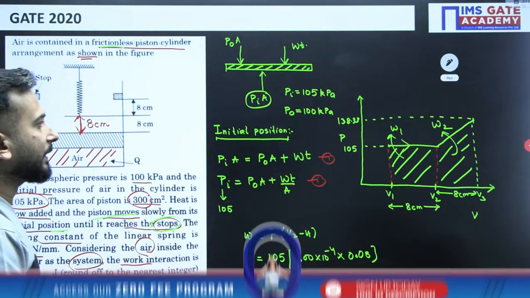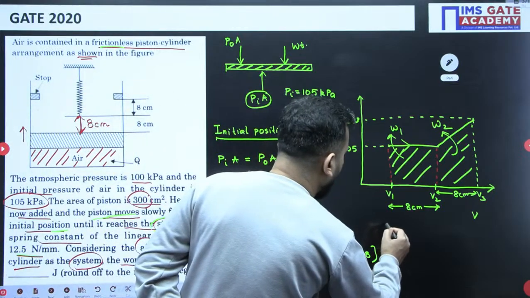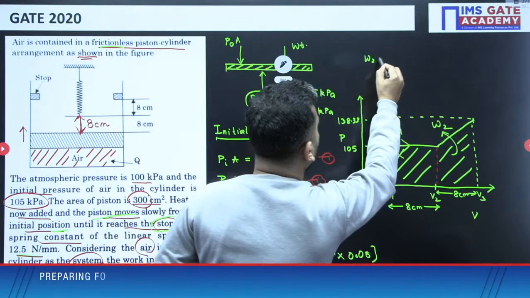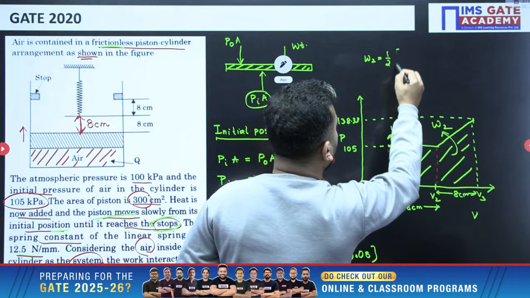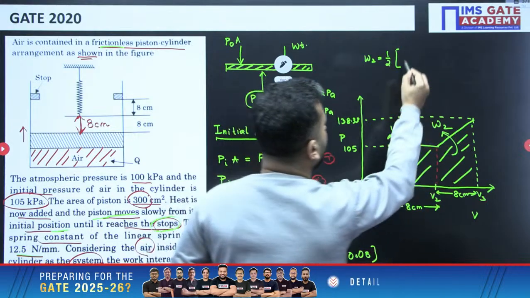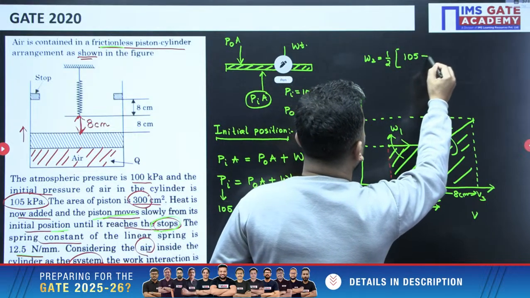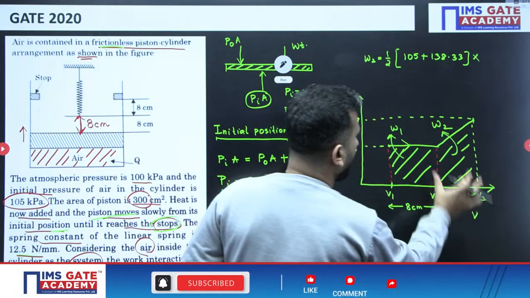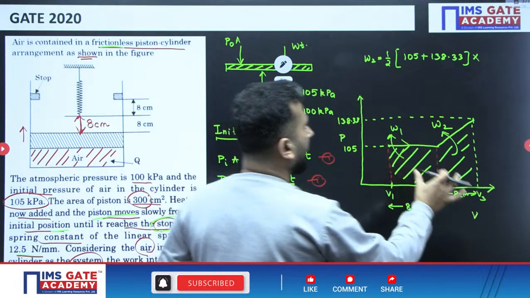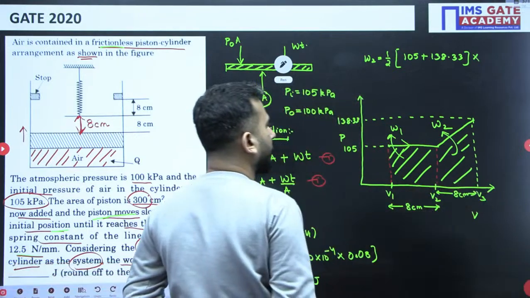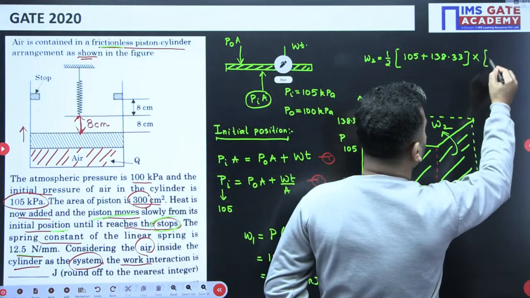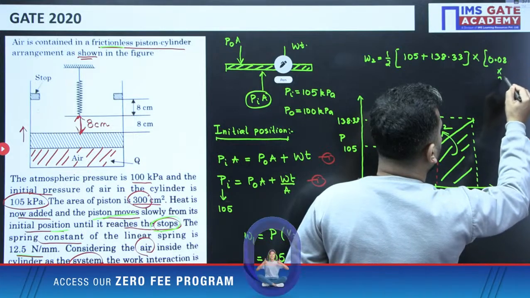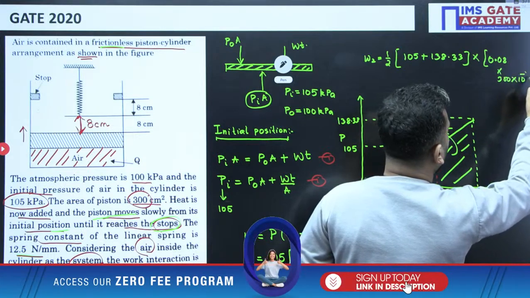Now for the trapezium, W2, I can use half into the sum of the parallel sides into the distance between them. The parallel sides are 105 plus 138.33, that is the sum of the parallel sides, into the distance between them, which is the volume. The volume is again area, 300 into 10 to the power minus 4, times the 0.08 meter length, that is meter cube.